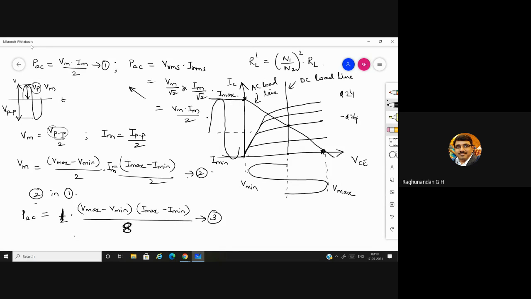Now, when you are plotting the DC load line, what is this point? Just go back to the derivation we have done.